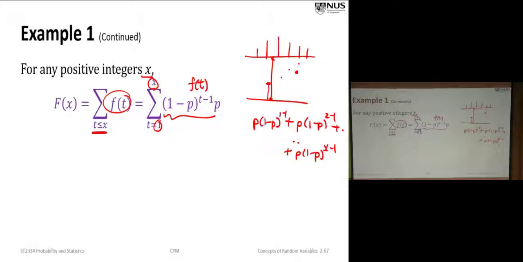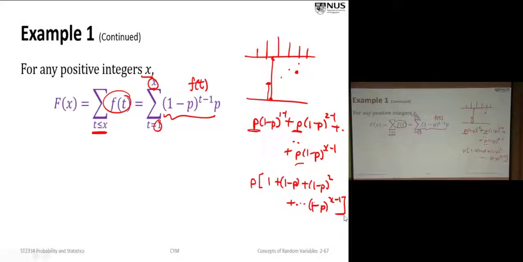It represents the sum of x terms. So p is a common factor. Every term has this p, so I take it out of the summation sign. So it's 1 plus (1 minus p) plus (1 minus p) squared, up to (1 minus p) raised to the power x minus 1.